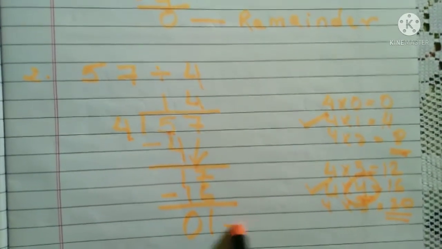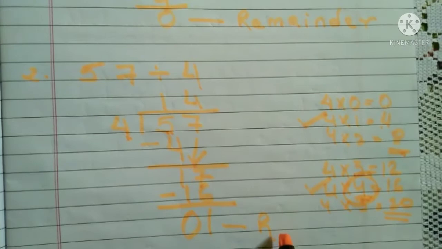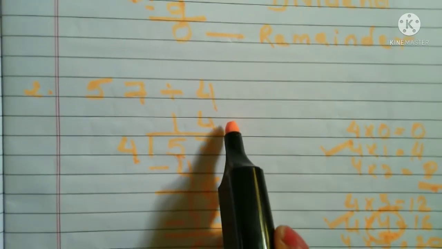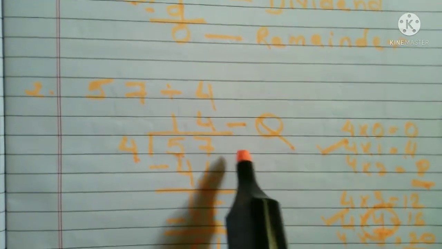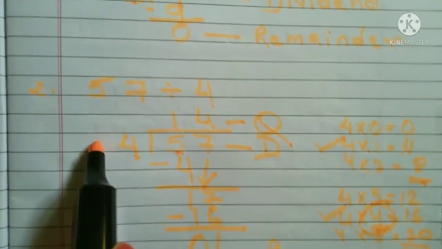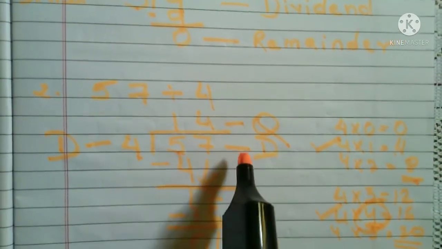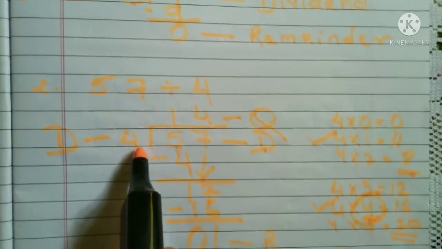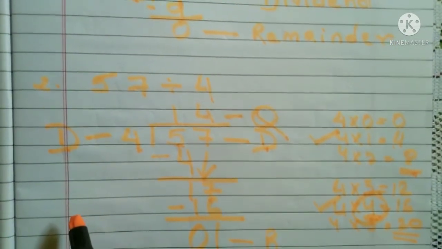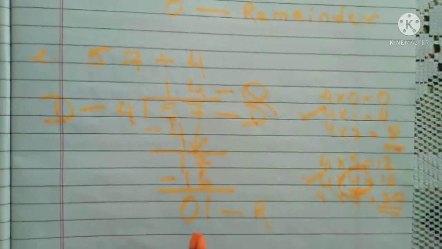So this is the remainder, this is the quotient, this is the divisor, and this is the dividend. 57 is the dividend and 4 is the divisor. I hope you understood it.